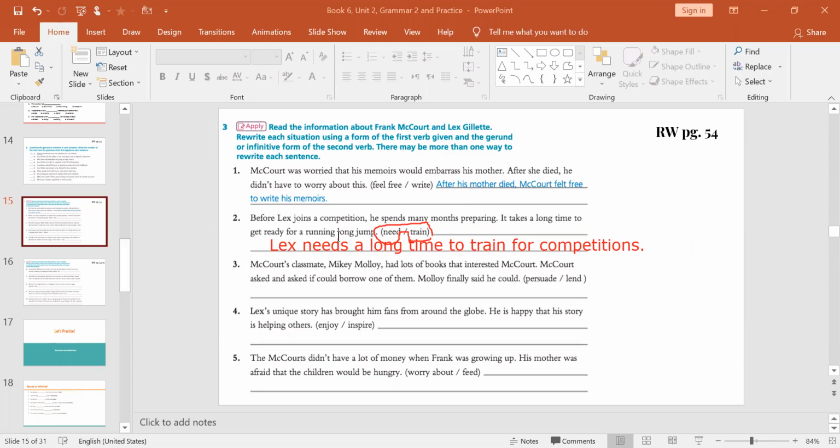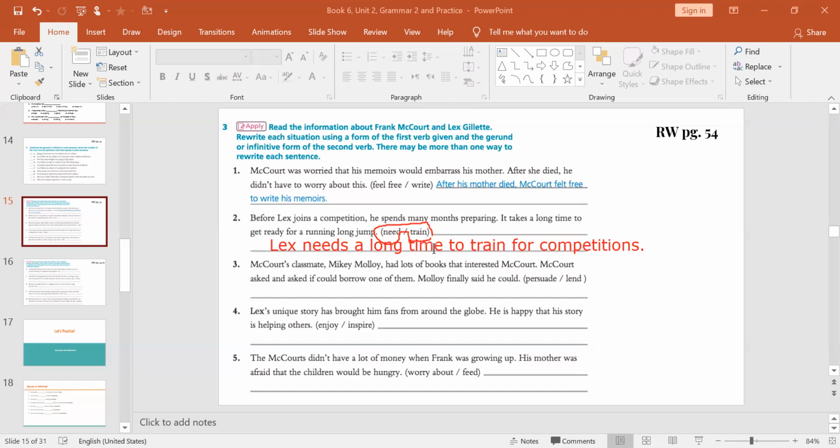So we have the first verb in the present tense, and then we have the second verb in the infinitive.